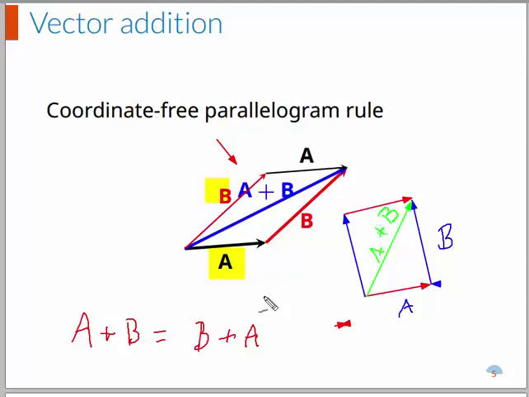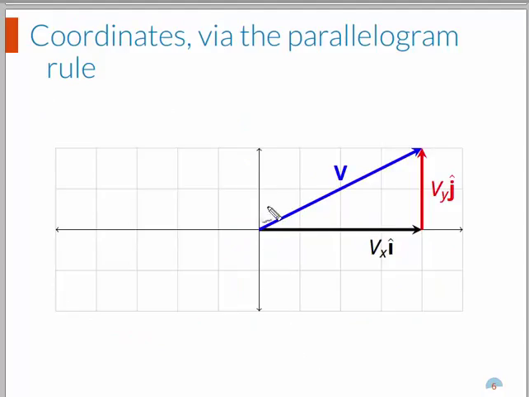Now we're going to use that with our unit basis vectors to create the coordinate form and the components for the vector. So let's remember our basis vector. i is a unit vector. It has magnitude, it has direction, and it is subject to scalar multiplication.